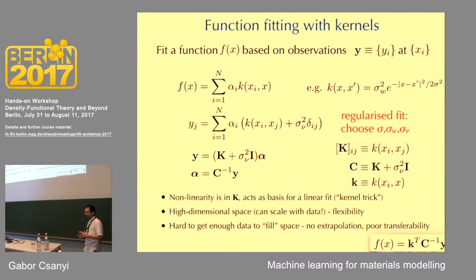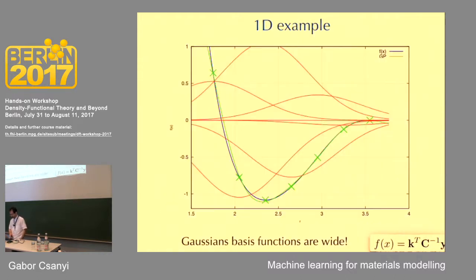It's very hard to get so much data that you have basis functions everywhere where you will ever want to evaluate the function. So you get very poor extrapolation, poor transferability with this method, and that's what we're fighting with when we make machine learning fits.